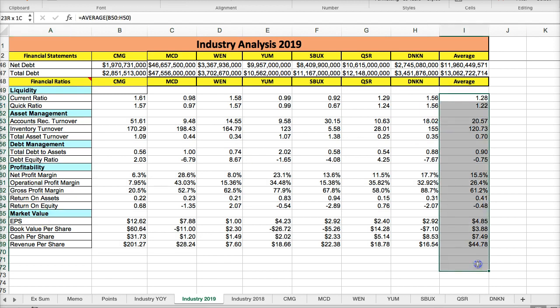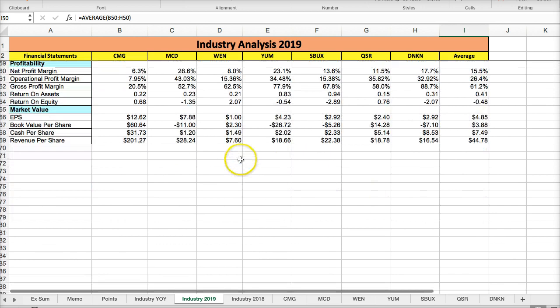And then we have the industry average. So we could see which companies are above the industry, which companies are below the industry. And you could do a conditional formatting on this, where you can say, is it above or below the industry average, to kind of get an idea of how well the company's doing.